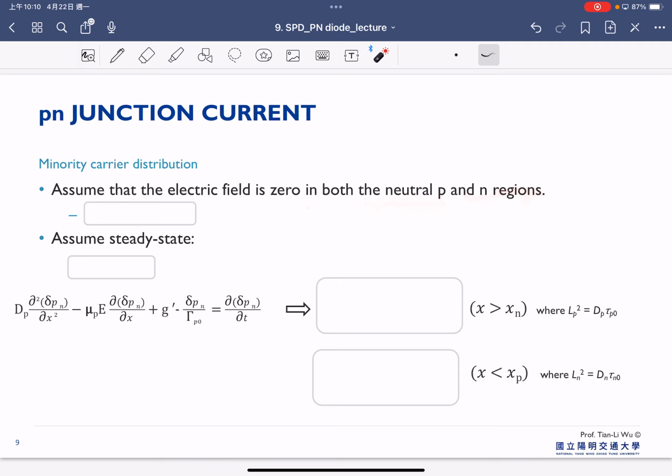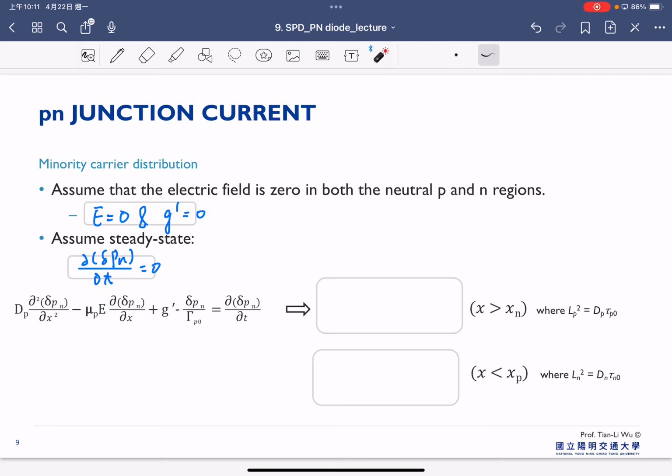Since the electric field is 0, so that means E is equal to 0 and there's no additional generation here. And also we assume this is the case under the steady state. So the steady state means the excess carrier with respect to the time is equal to 0.